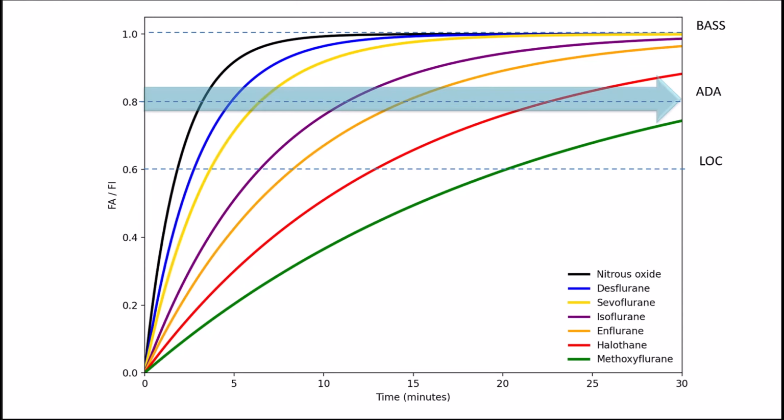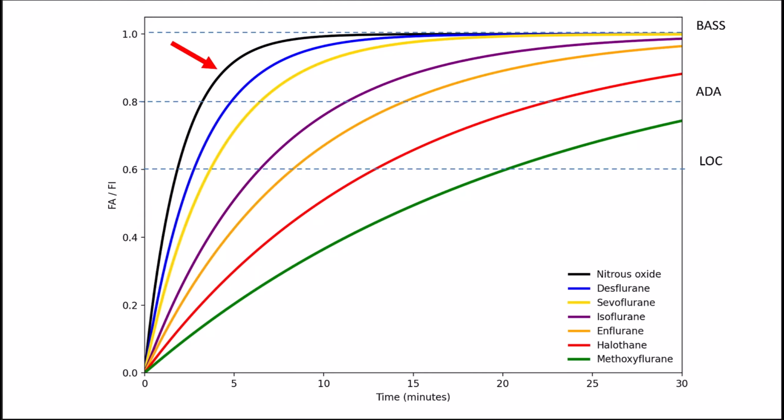So desflurane, sevoflurane, and to a lesser extent isoflurane are very rapidly acting agents. If you look carefully, nitrous oxide seems to work faster than desflurane. Wait, you might say, doesn't desflurane have a lower blood gas partition coefficient than nitrous?